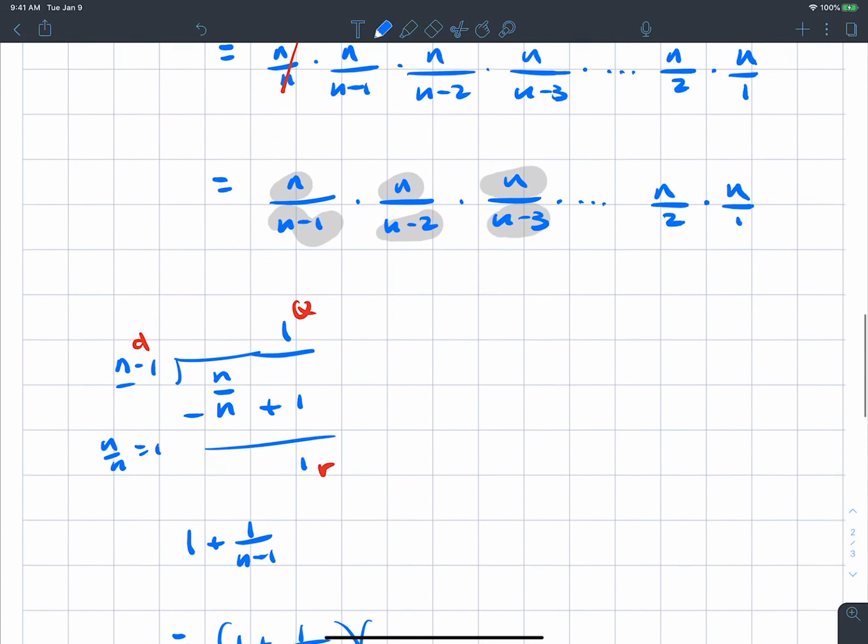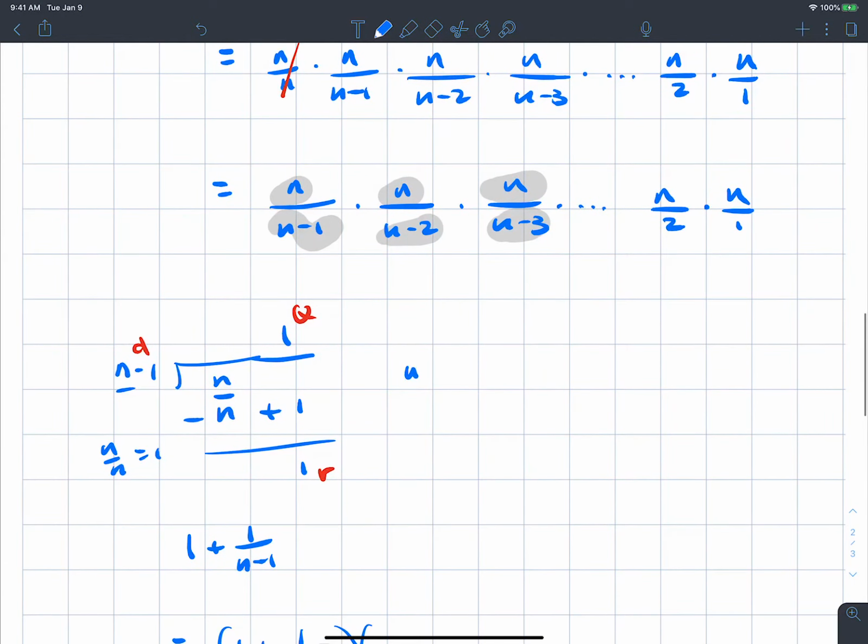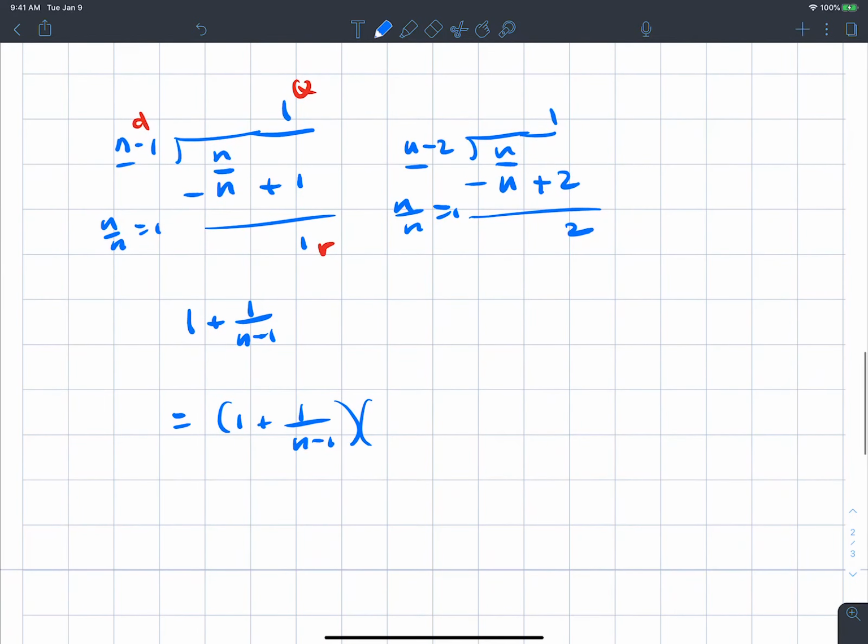And you say, well, what about the next one? Try that out: n over n minus 2. We take these two n's and divide, and we get 1. We get n minus 2. We subtract. So this is going to be 1 plus 2 over n minus 2, when I write this as a mixed number, quotient, remainder, divisor.